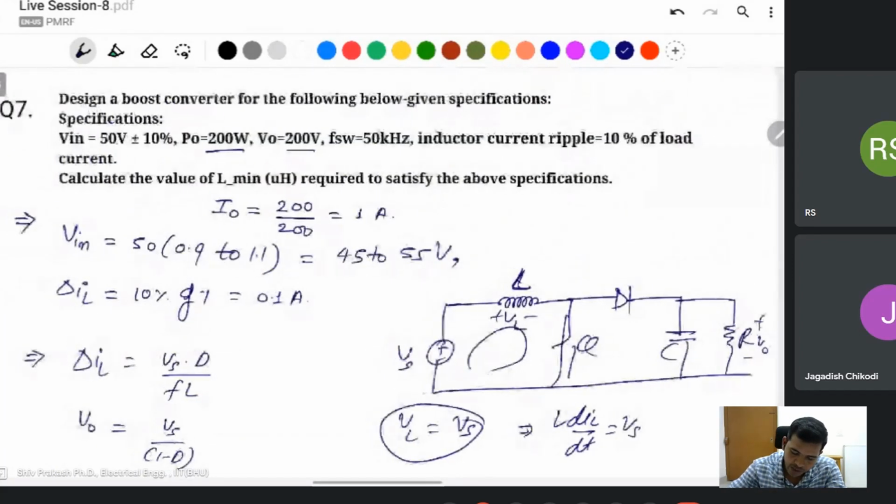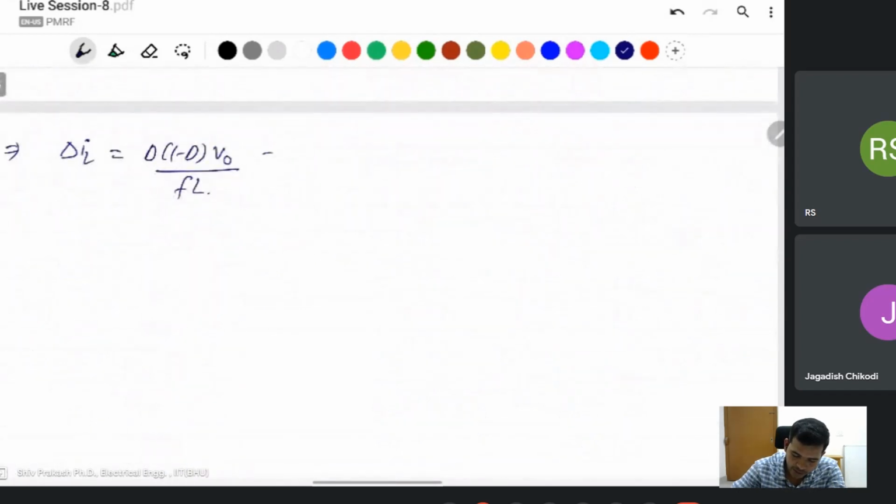Given the minimum value of the requirement of inductance, find the inductance L. Delta IL is 0.1.